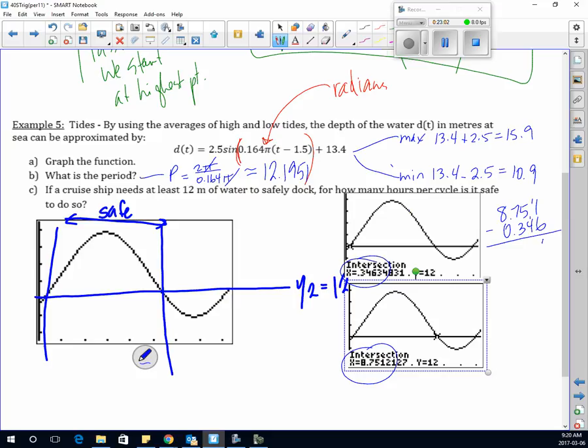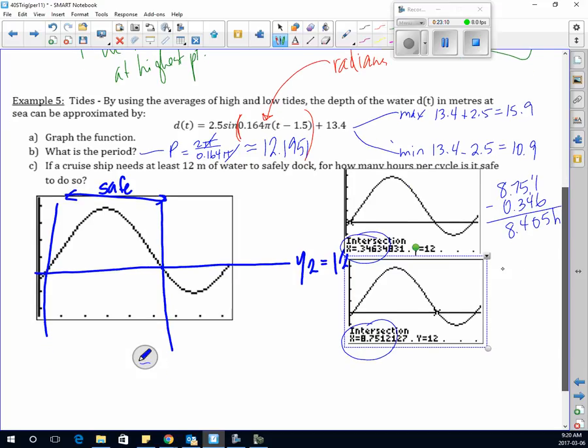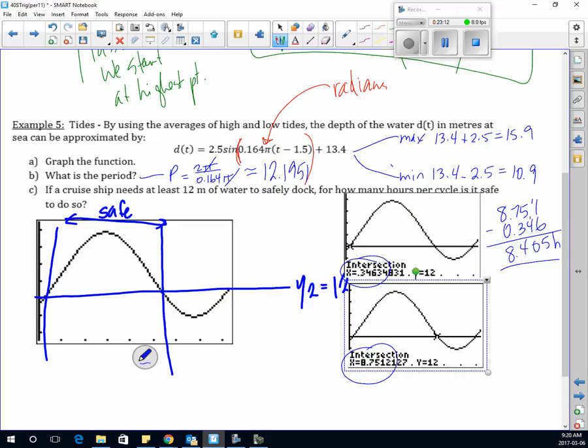So that is 8.405. That would be how many hours it's safe. So, word question. Let's write the word answer. It would be safe for approximately 8.4 hours each cycle.